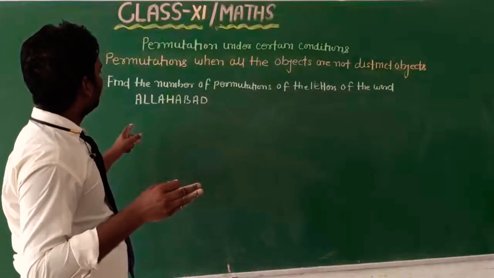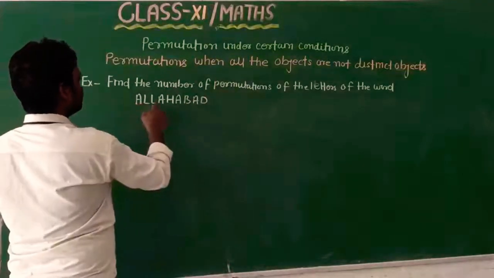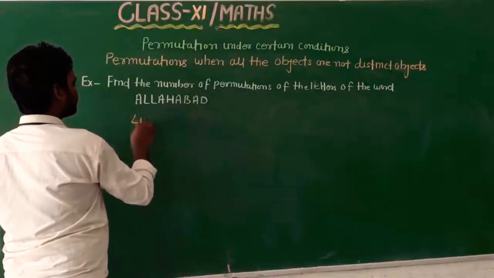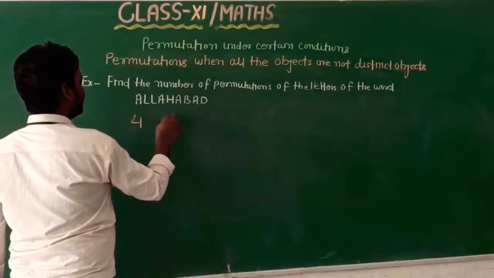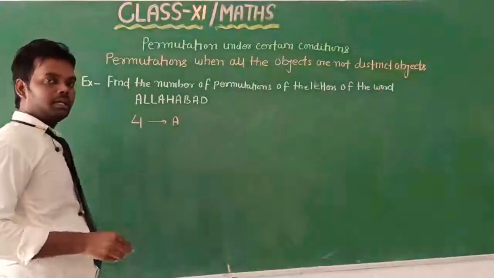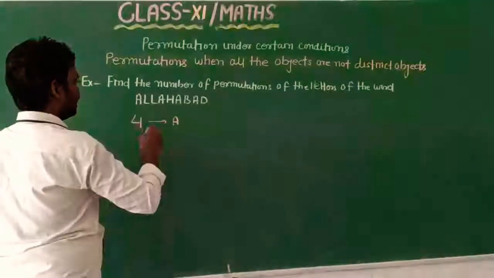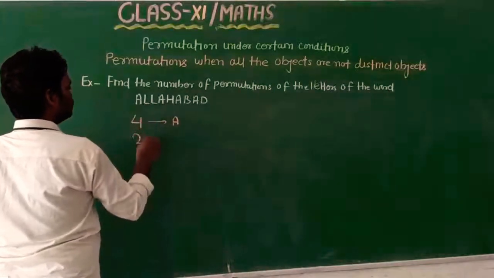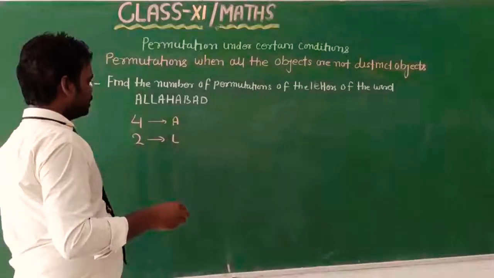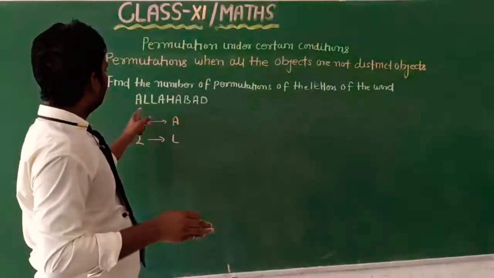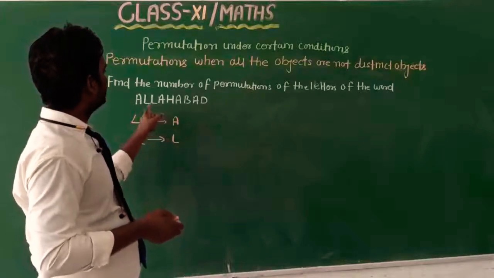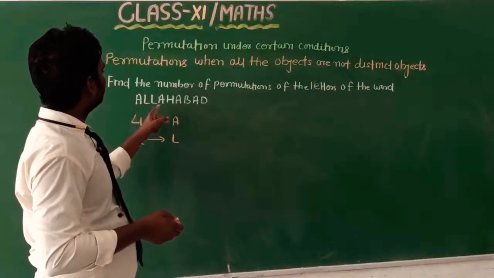There are 4 A's, which are of the same kind, and 2 L's, which are also of the same kind.